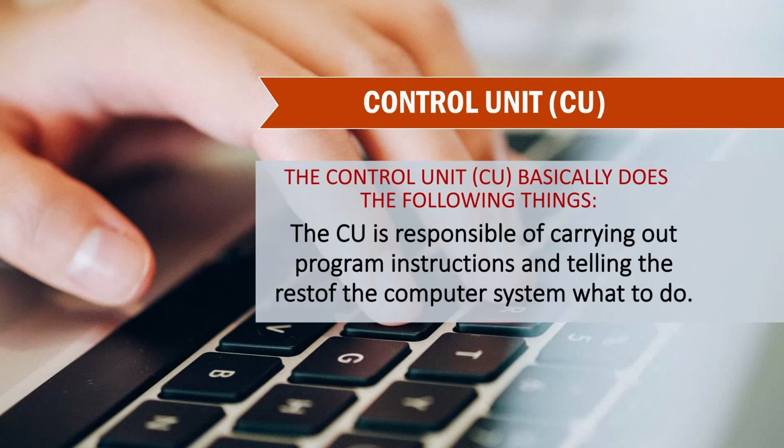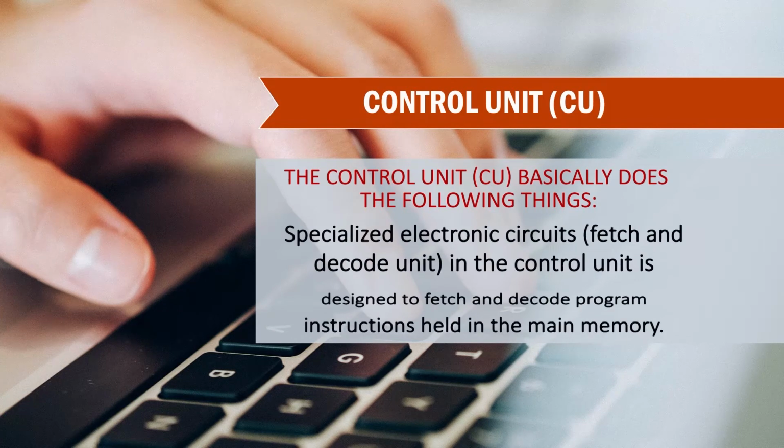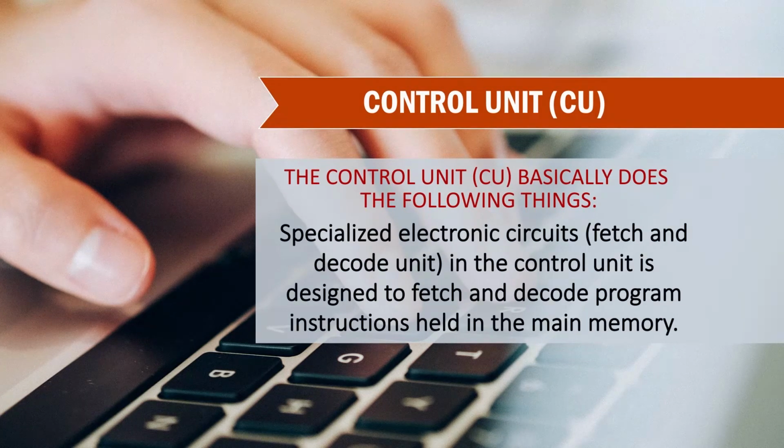So basically, the program counter helps to find out the next instruction to be executed in the queue. So it is managing the sequence of instructions to be performed with the help of the control unit operation. So this is one of the most important components of the control unit, that is the program counter. And as I mentioned, this fetch and decode operation in combination is also known as fetch and execute.